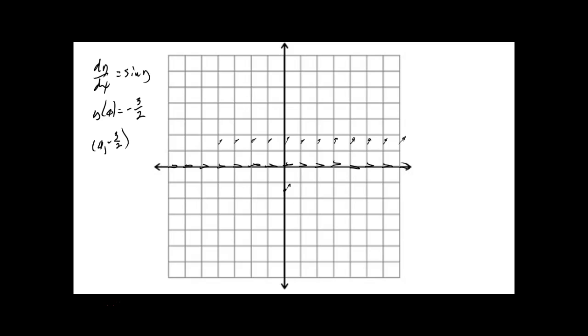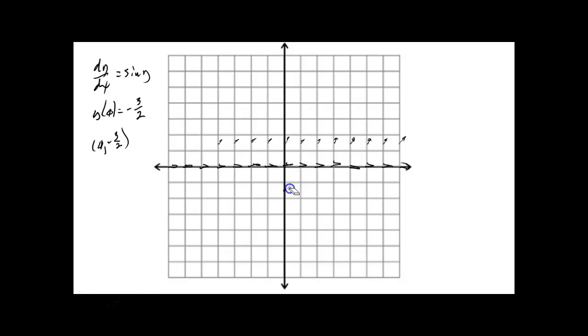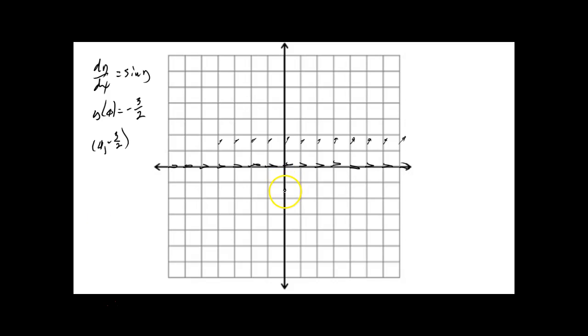Sine of negative 3/2. Oh, good. I was going to think my math is not very good here. If you got 0.909, you must have been in radians. So this is about -1. And all those are about -1 every time it's there. Now, these are not important. That's the one we're interested in.